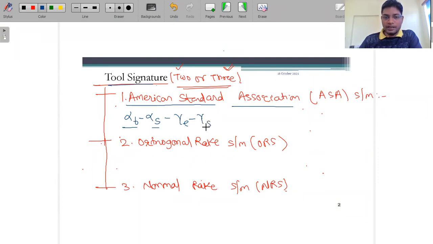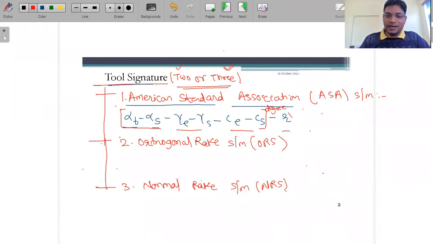Gamma S, that is side clearance angle. CE, that is end cutting edge angle. CS, that is side cutting edge angle, and R. So the tool signature is represented like this. There are a total of 7 quantities. The first 6 quantities are defined as angles, so that is in degrees.